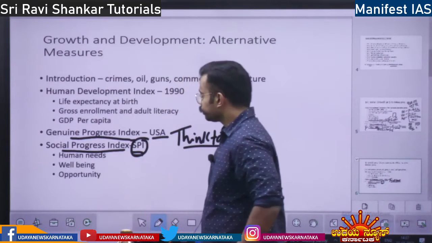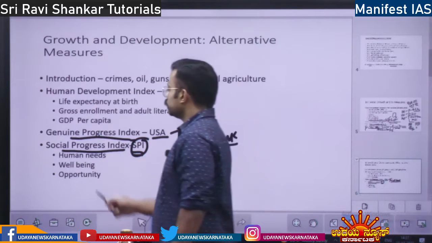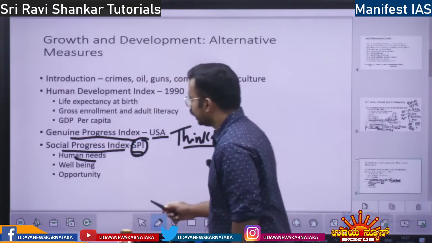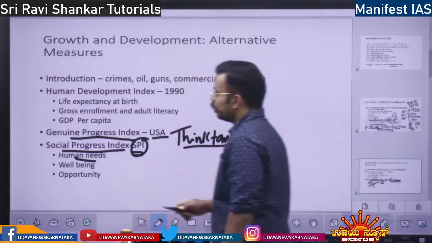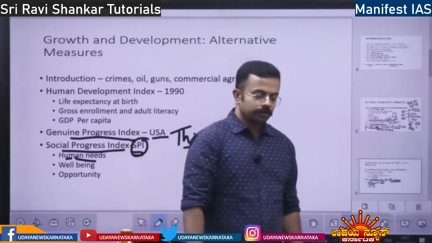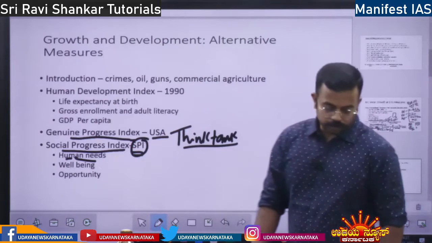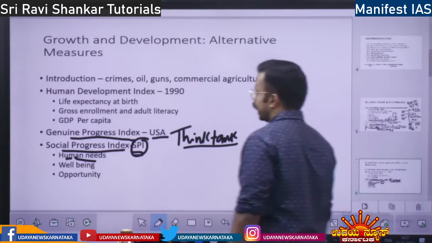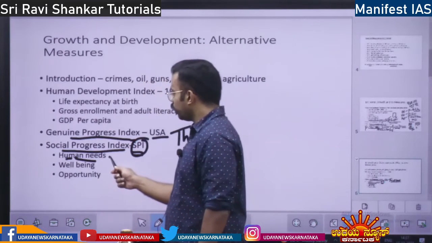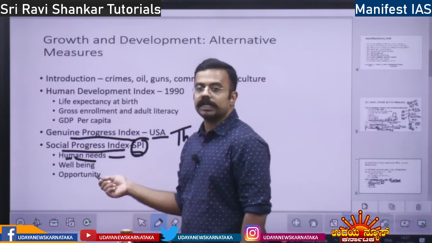So it shows human needs. It is measured on three indicators. One is human needs. What are the needs? Food, shelter and clothing, employment, all of these come under human needs.